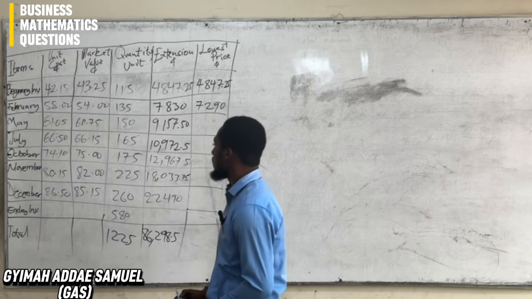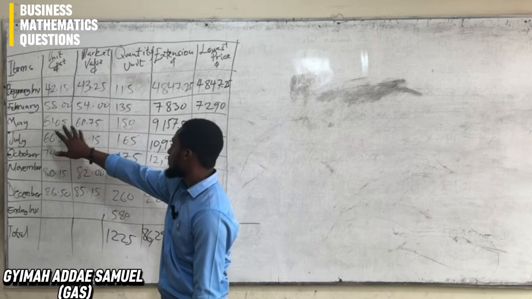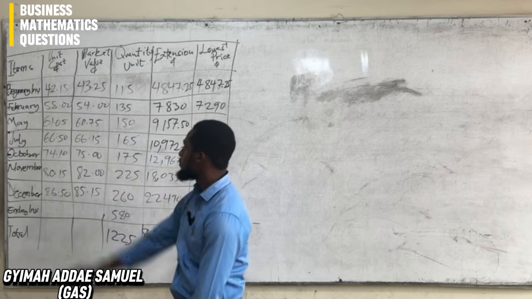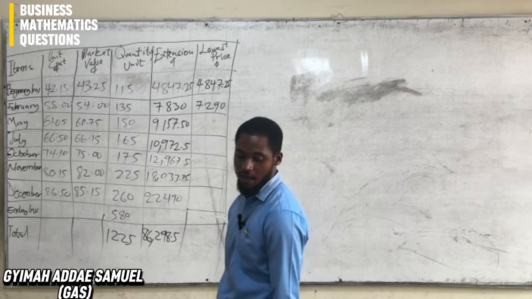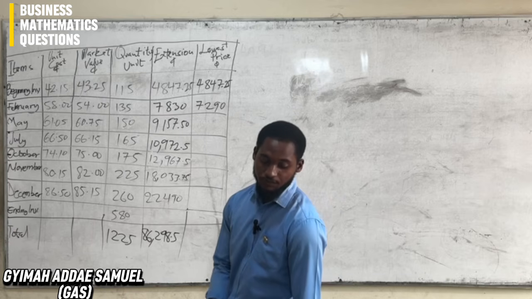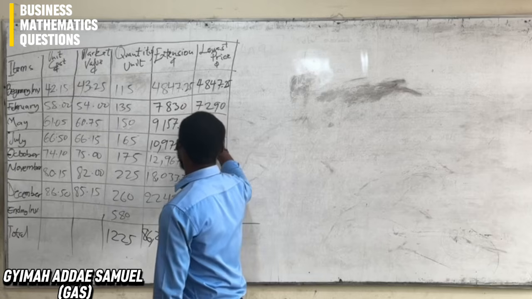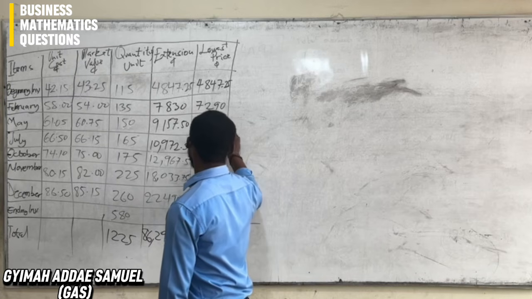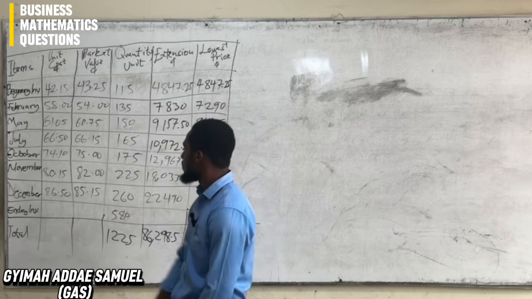And now we compare these two, which is the minimum, and we have 61.05 and we have 60.75. So we take the 60.75 and multiply it by 150. We are getting 9,112.50. Now we proceed.